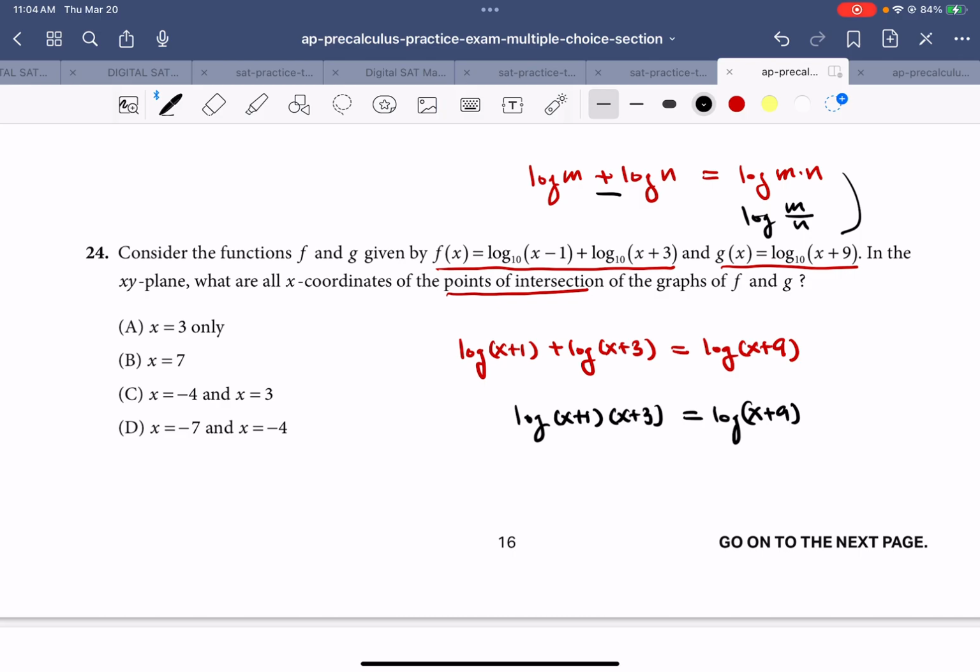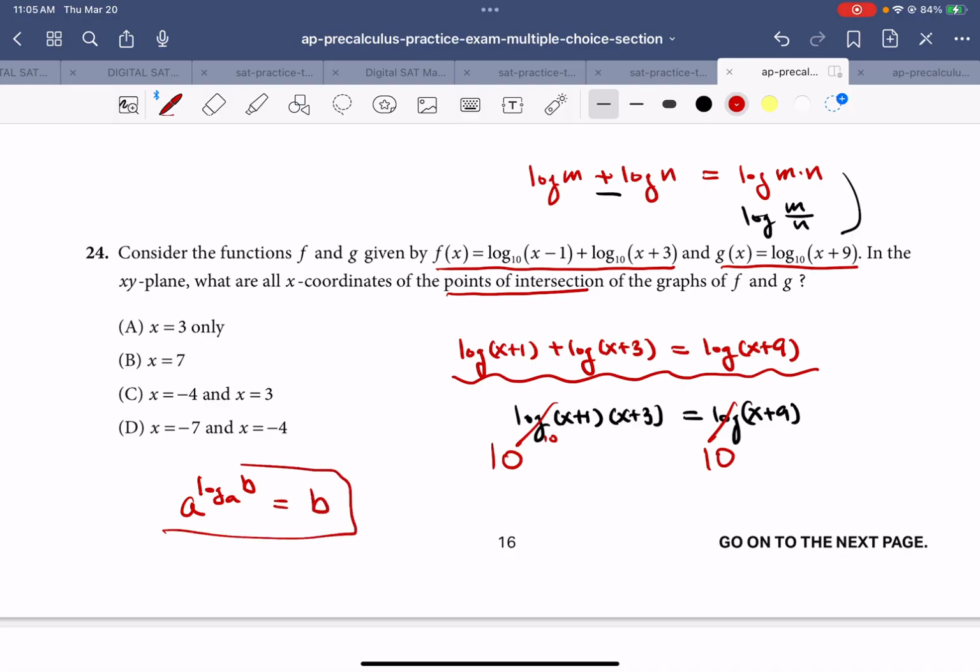Since you have a log on both sides like this, you can just drop it. But remember, you cannot drop the log from here; you have to have only one log. The reason you can do that is because you take the exponential function with base 10, and 10 to the log of AB is AB.